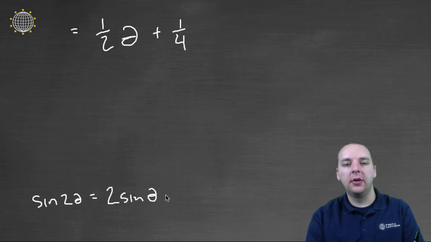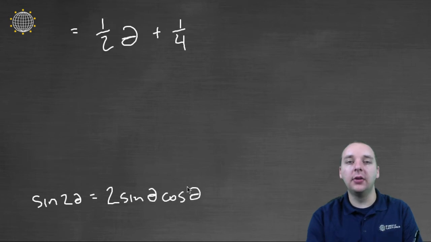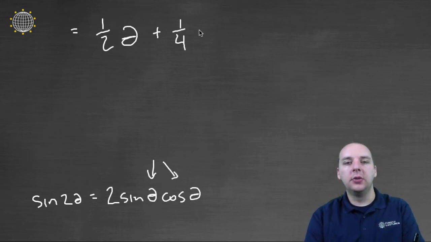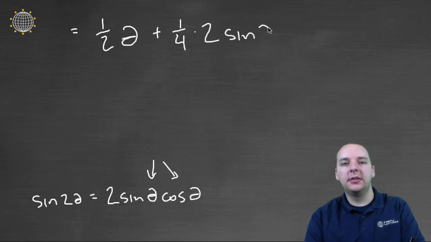Now why would I like to know such a thing? Well, these are not in terms of 2 theta, they're just in terms of only theta. So we'll write times 2 sine theta times cosine theta plus c.